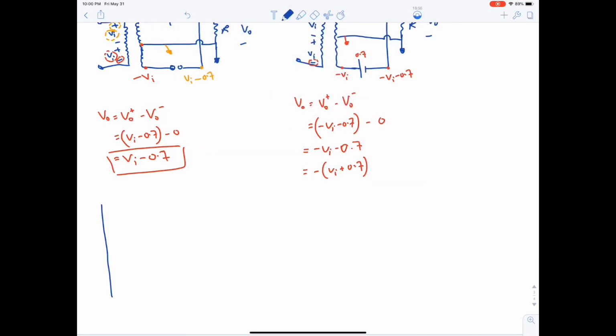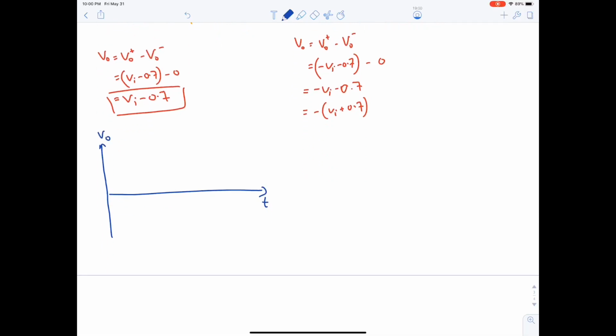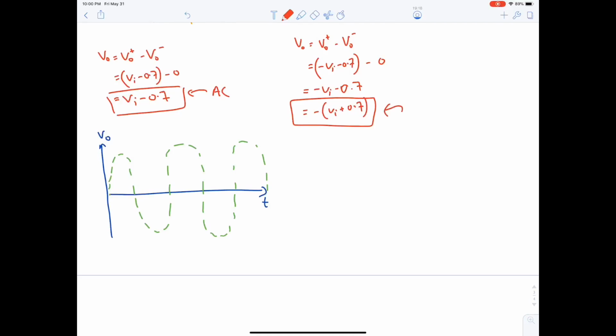Now, the waveform. Time, V output. Let's first put the reference. Okay. Now, as you can notice here that both the outputs consist of VI, hence they are AC signals. Okay.